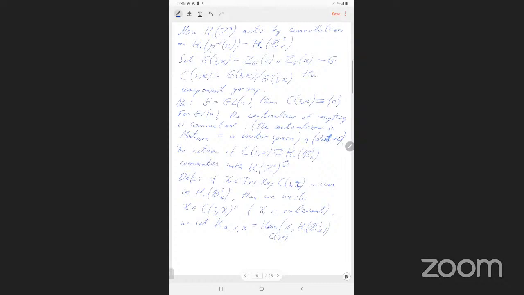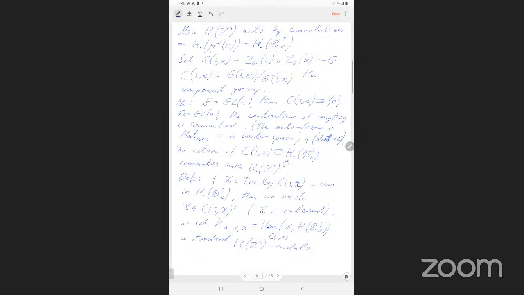And this is called the standard module. Since the action of the Borel-Moore convolution algebra commutes with the action of the component group, certainly all the multiplicity spaces of the component group carry the residual action of this convolution algebra. Okay, and these are the standard modules over the convolution algebra.